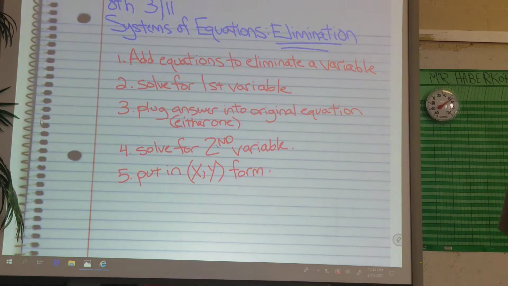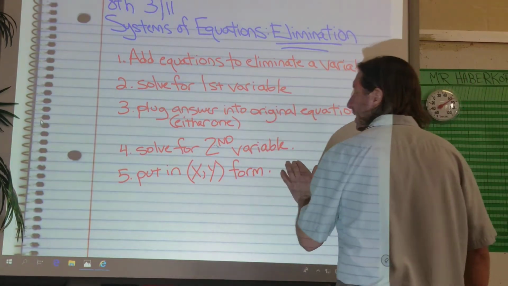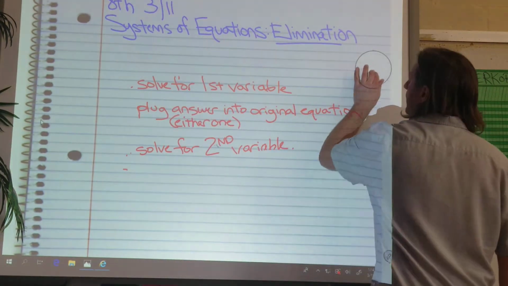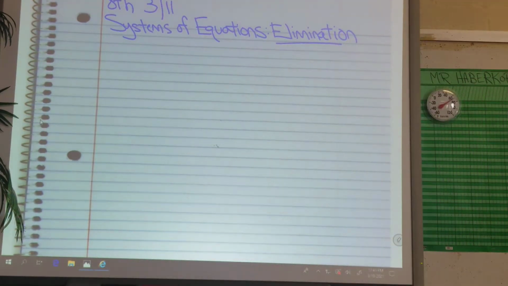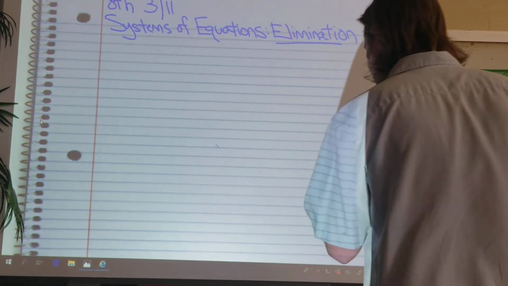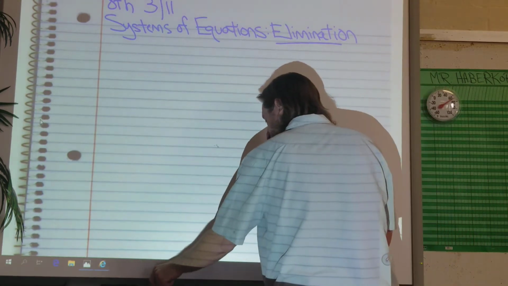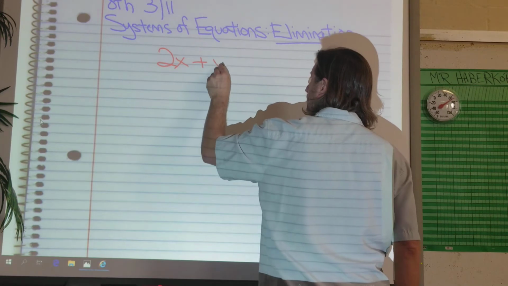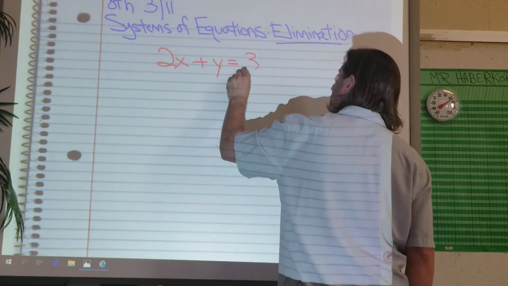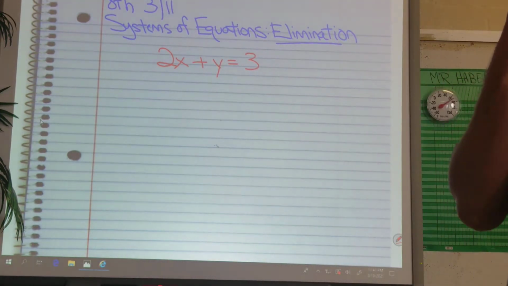All right, so elimination problems. There's your 5 steps, right? Okay, so we're gonna try some of these. I wish I could keep those up there while I was doing it, but I want to write big enough that you can see it. Neatness is definitely helpful with these problems.